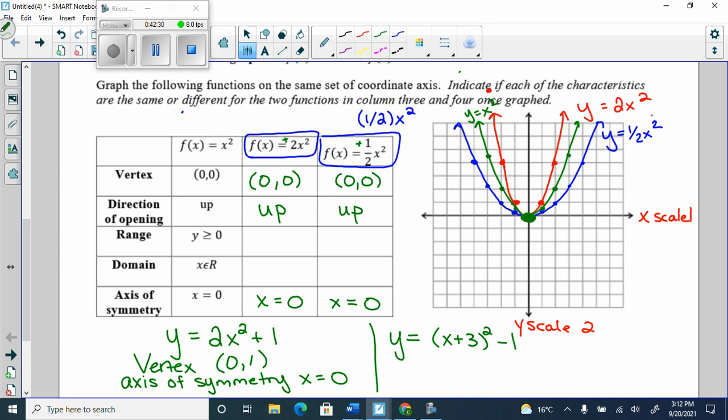So can we do second trace vertex? Is there a button that says vertex? Does there exist such a thing? Trick question. No. We're looking for the vertex, so we're looking for the min or the max.